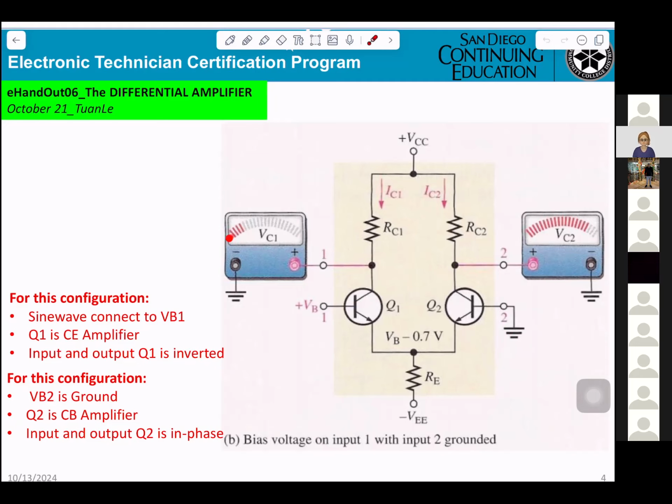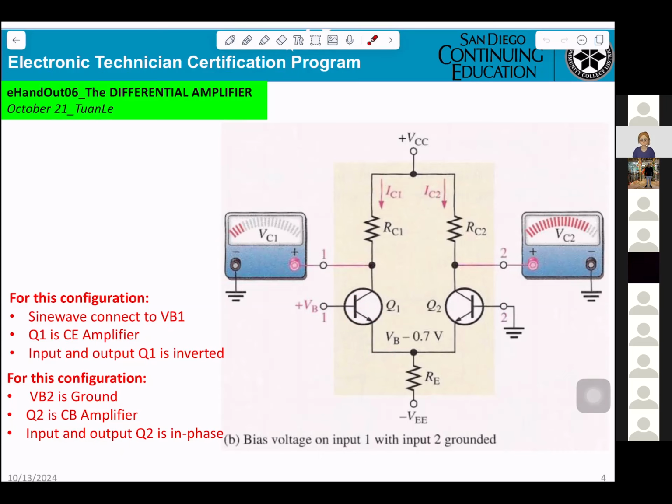That's where you get the voltage, and output 2, that's where you get VC2. See what they say. For this configuration, the signal is connected to VB1. Q1 is a CE amplifier. That means Q1 is a CE amplifier.